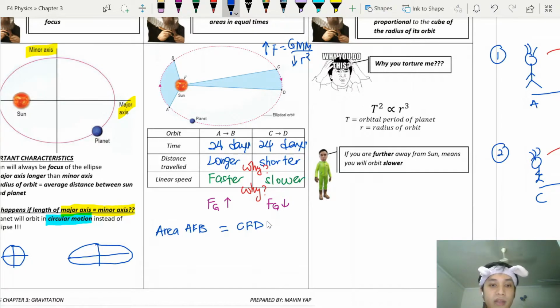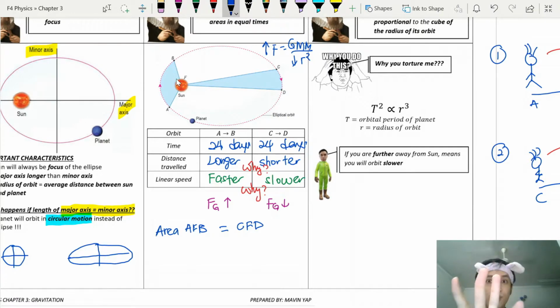And the reason why it is the same is because of this particular reason right here. So this is what Kepler proposed. He said that based on the theory, when you are nearer to the sun and you travel from A to B, the area here should be the same as the area when you travel from C to D.